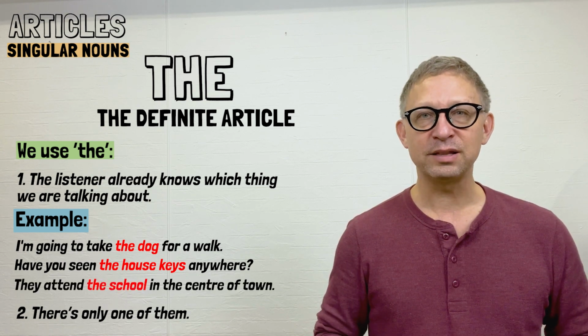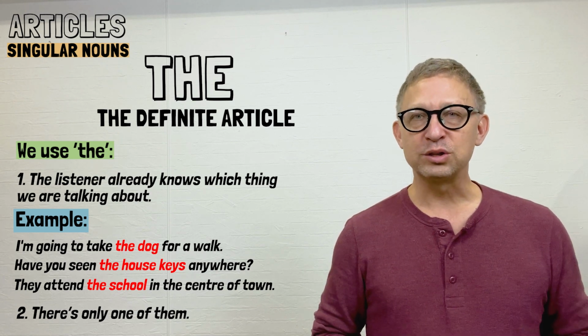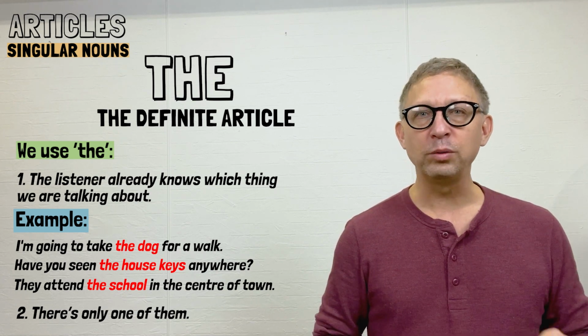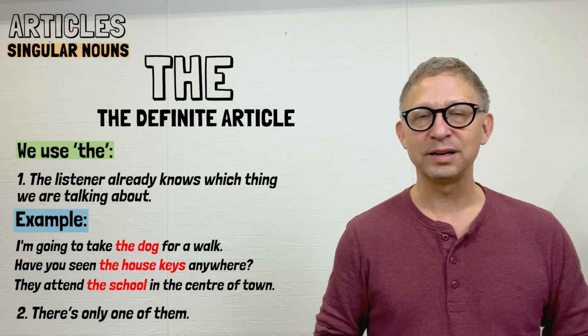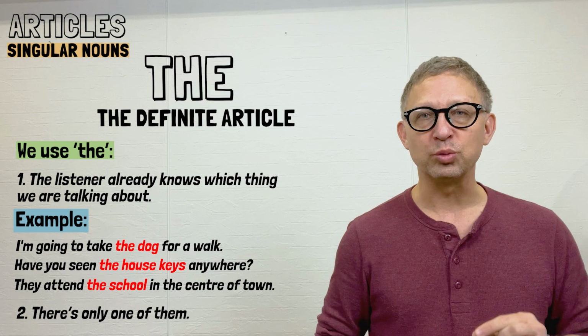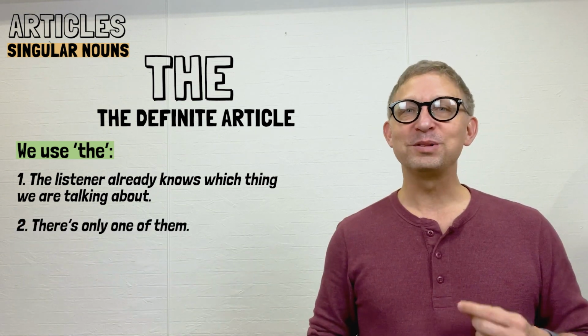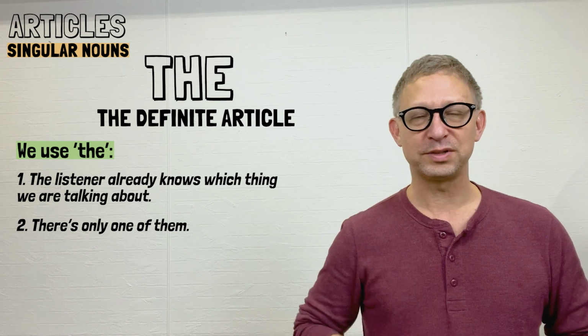They attend the school in the center of town. Now, the school is probably the only school in the center of town, and thus we use the because everyone knows which school it is, the one in the center. We also use the when it's only one of something.